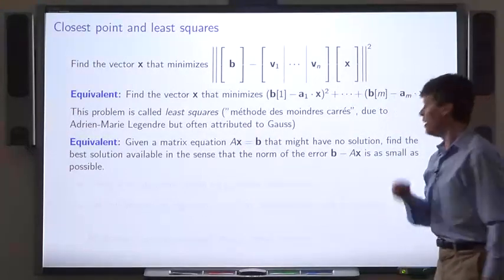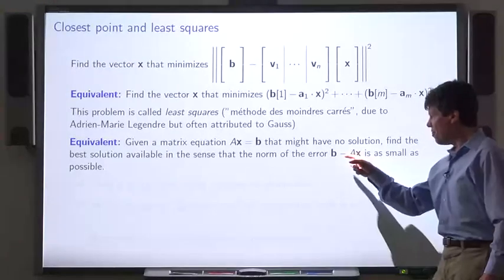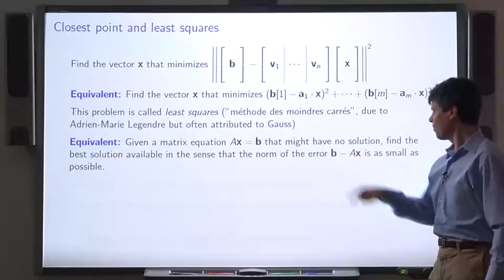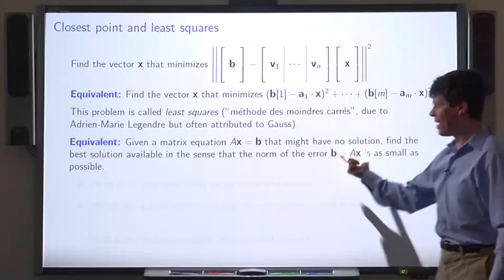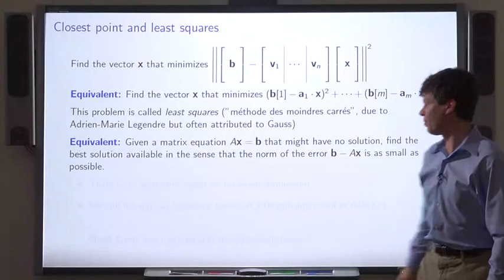Find a solution that minimizes the error, where the error is the difference between the target vector B and the vector Ax that you found. You want to make that error have as small a norm as possible.